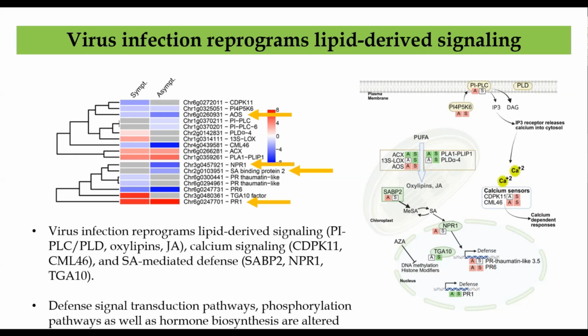We also see SABP2, which is salicylic acid binding protein 2. It converts inactive salicylic acid to an active salicylic acid. So it converts methyl salicylate, which is the inactive form of salicylic acid, to salicylic acid. And that gets recognized by NPR1, which is the master regulator or hallmark of salicylic acid mediated systemic acquired resistance.